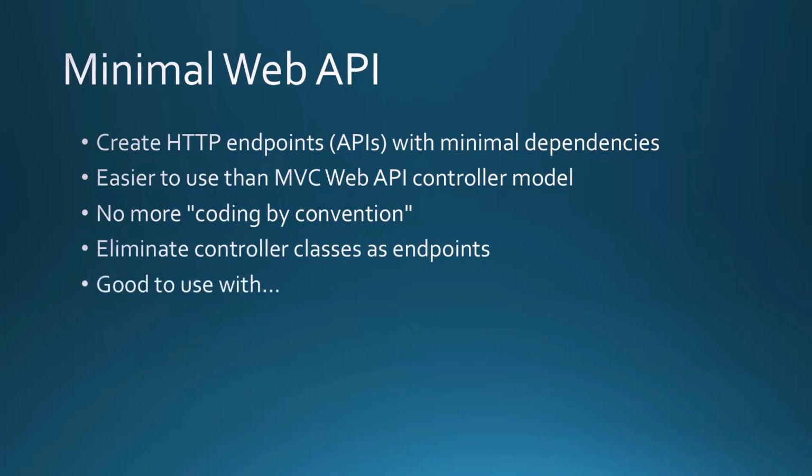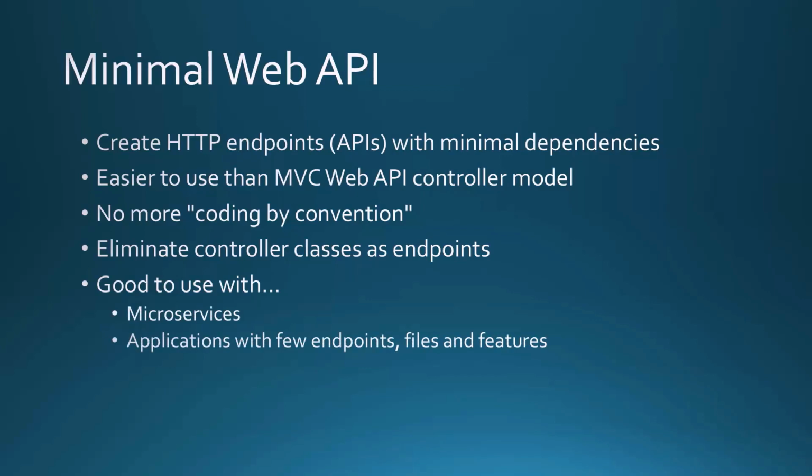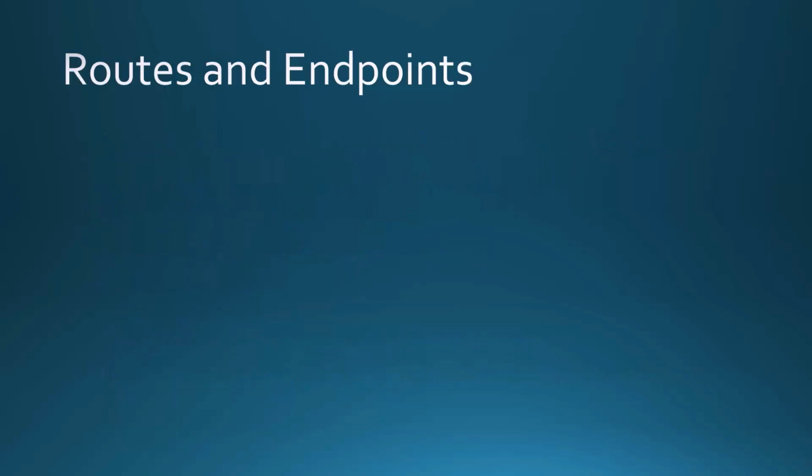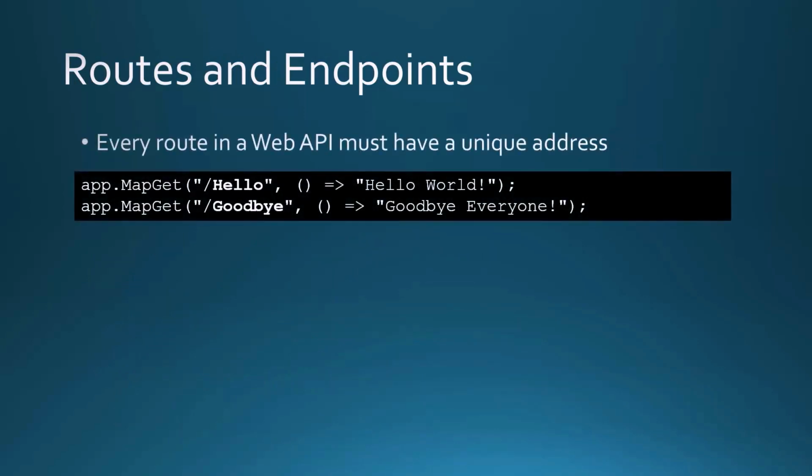Minimal web APIs are good to use with maybe microservices, applications with few endpoints, files, and features. I typically use minimal web APIs when I don't need a full-featured application or if I'm developing a smaller web application. So let's take a look at some routes and endpoints that we might see in Minimal Web API.